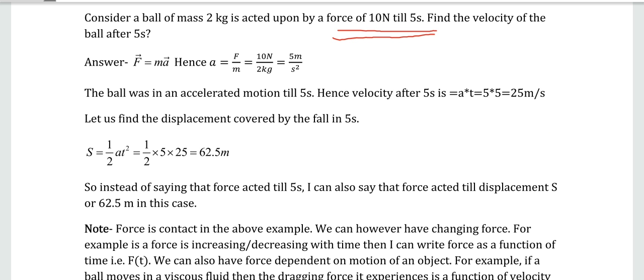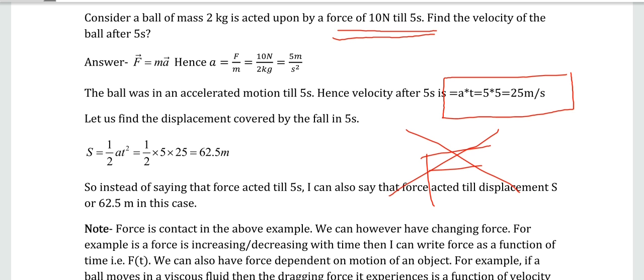So the maximum velocity that the ball has achieved is 25. Once the time goes beyond 5 seconds, there is no force. If there is no force, there is no acceleration. If there is no acceleration, there isn't going to be any change in velocity.